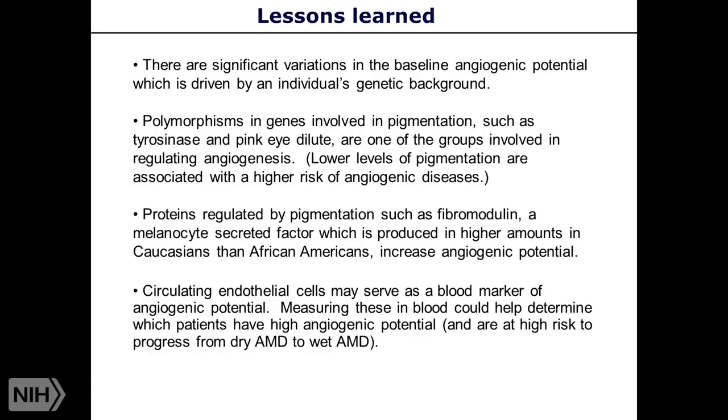Only 10% of patients that present to us with drusen and dry macular degeneration go on to the wet form of the disease and actually have severe visual loss. If we could figure out who's in that 10% group, it would dramatically change our therapies in ophthalmology.